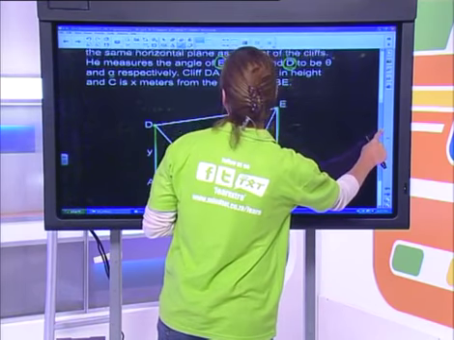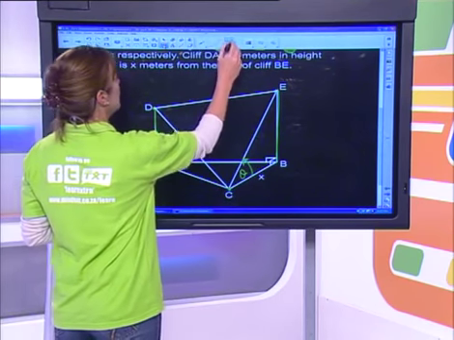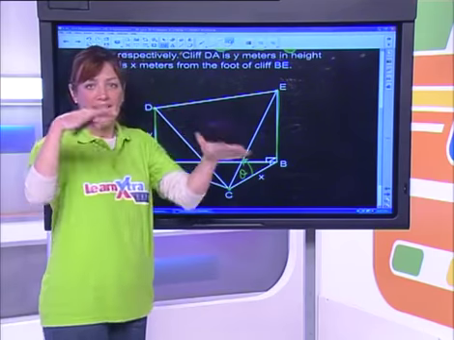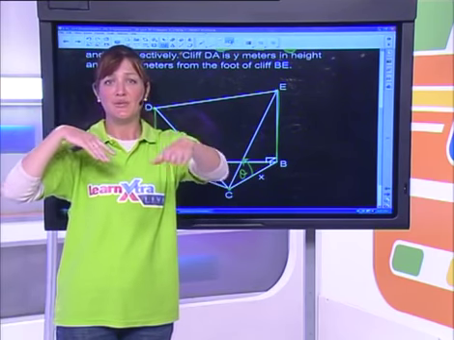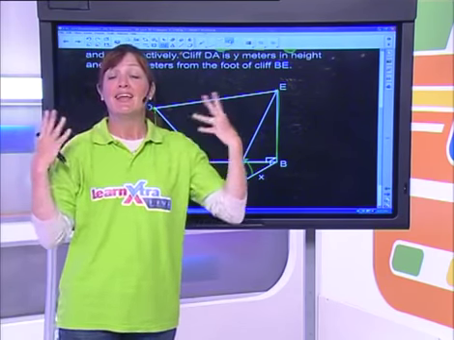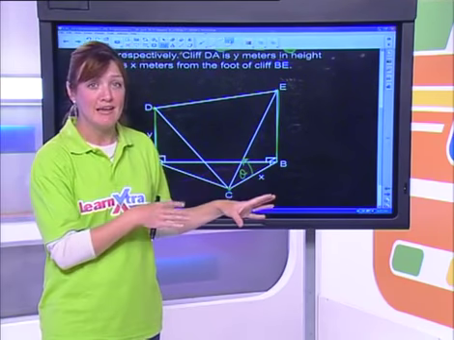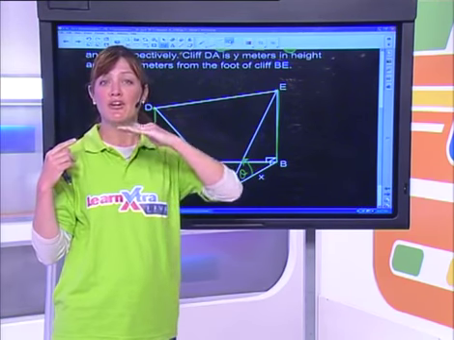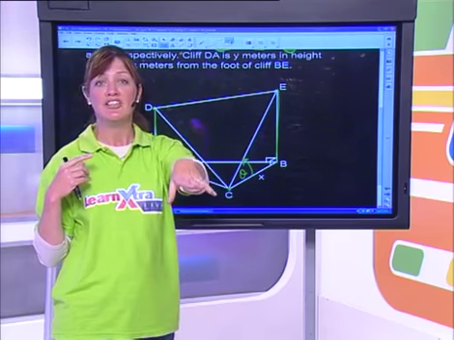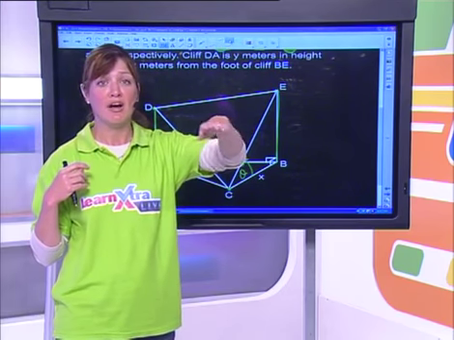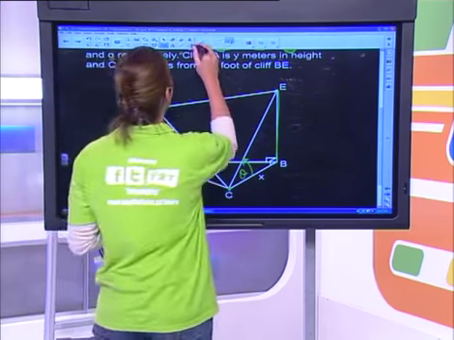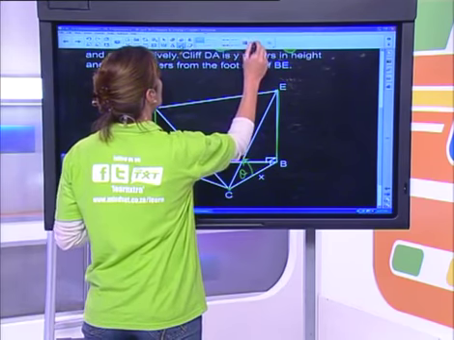They said alpha here. The question is, where am I going from? Where is the baseline from which we're actually measuring that alpha? The question hasn't filled it in here, but you need to know that if you're ever looking at an angle of elevation, it's always got to be from a horizontal plane, which means that you're going to have to draw in your own line.